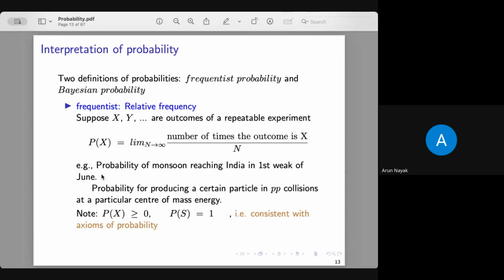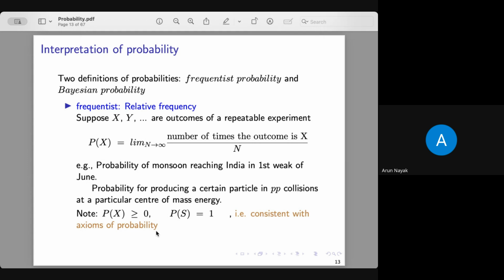Similarly, for the probability of producing a certain particle in pp collisions at a particular center of mass energy, you can repeat the experiment and see how many times you get that particle. In this case, this satisfies the Kolmogorov axioms: the probability of x is always greater than or equal to 0, and the probability of all possible outcomes is 1. So that's consistent with the axioms.